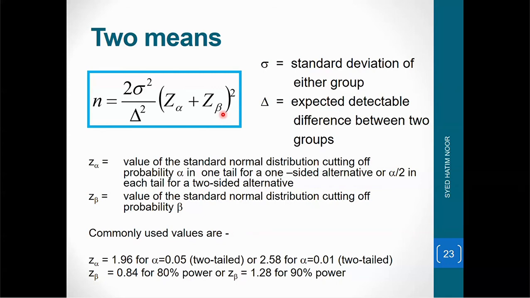What do you think? Any idea? Because it's two means. Why do you think double? Because there are two groups. You are on the right track, two groups.